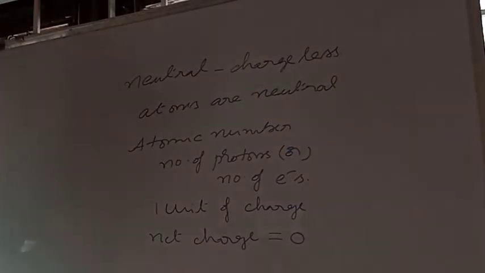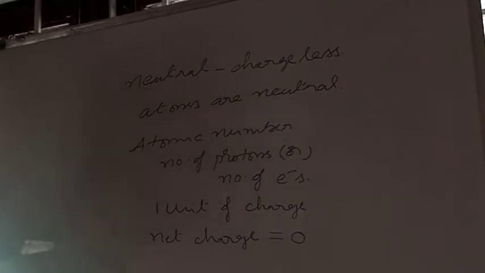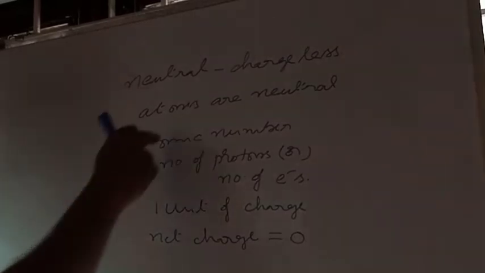The amount of positive charge present on the atom is equal to the amount of negative charge present on that atom. Therefore the net charge on an atom is always 0, and we can say atoms are neutral.